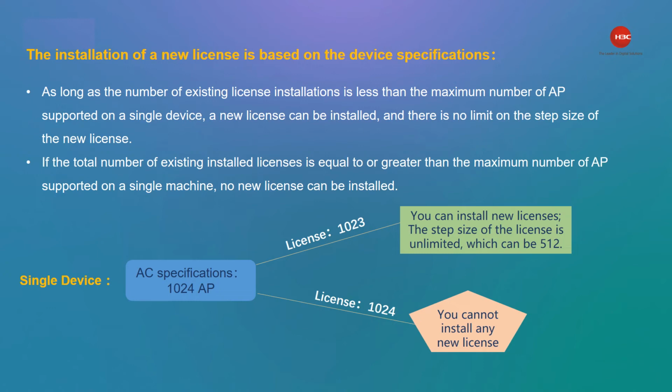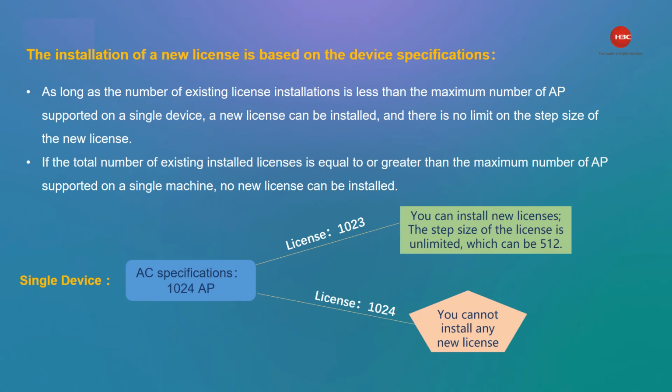That is, if the number of installed licenses on the device is less than the maximum number of APs supported by the device, the new license can be installed, and there is no restriction on the step length of the new license. If the total number of licenses is equal to or greater than the maximum number of APs supported by a single device, no new license can be installed.